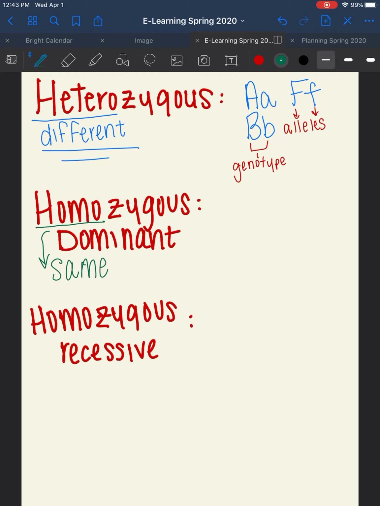Whether they're uppercase or lowercase is determined by the second part, which is dominance. Dominant means a little bit stronger, so that's represented by capital letters.